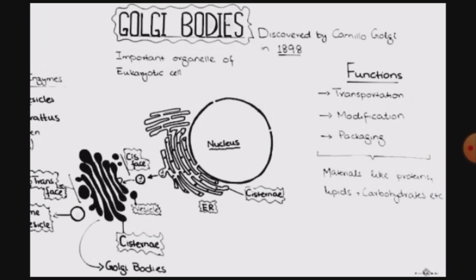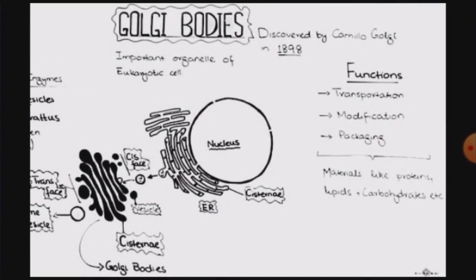Golgi Body is an important organelle of the eukaryotic cell. It is found in all eukaryotic cells, that is plant cells and animal cells. It is a single layer organelle, no double layering, as you can see in the diagram on the screen below.